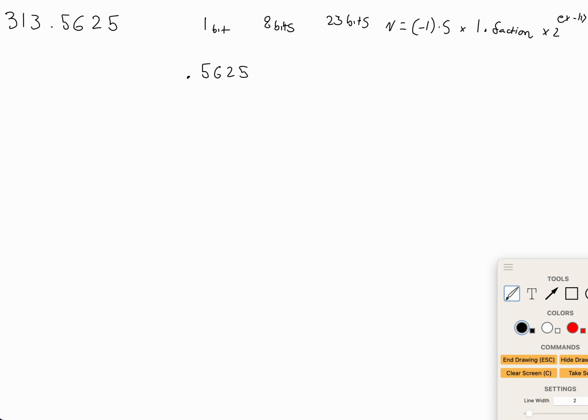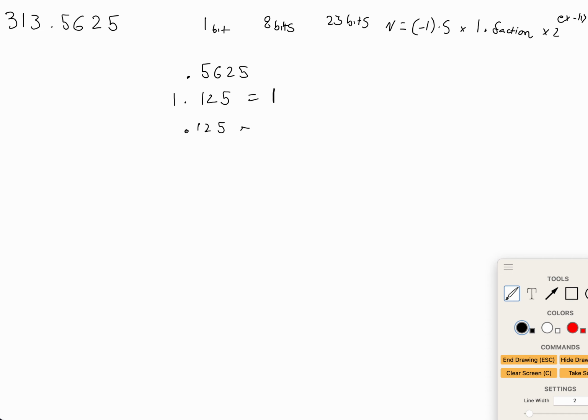If we multiply this by 2, the result we get back is 1.125. After we do this multiplication, we check: is the resulting value greater than or less than 1? In this case, it is greater than 1, so the next bit is a 1. And then we subtract 1 from the left side of the equation.